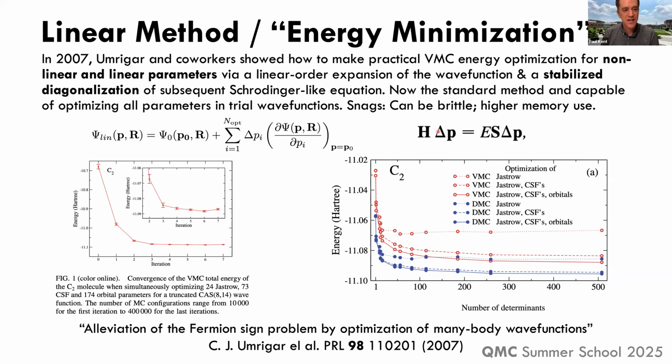That was what was done in this scheme. Not shown here, there are also some very smart numerical tricks to help stabilize this diagonalization and help the diagonalizer robustly find the ground state eigenvector.